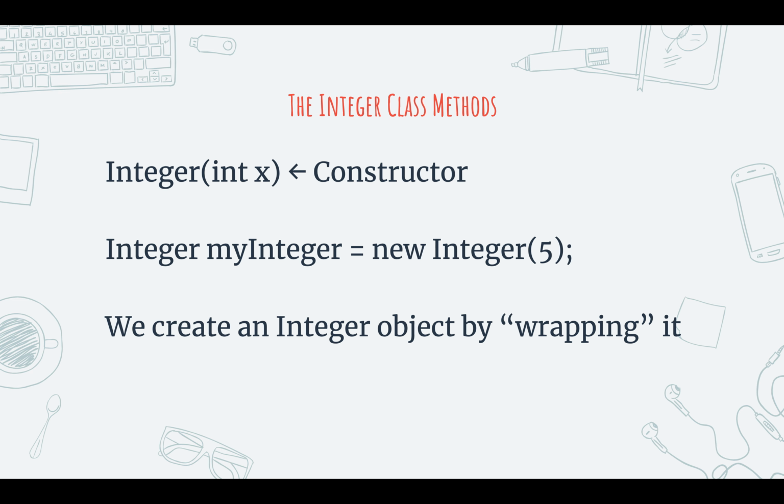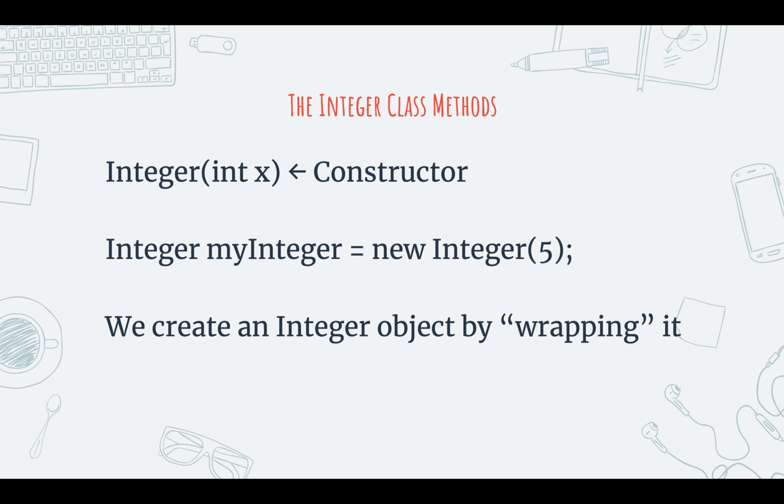So how do we wrap the int primitive type into an Integer object? We do so via the constructor like we do when we're creating most objects. So we have an Integer, myInteger, and we set that equal to new Integer. The new keyword emphasizes that we're accessing the constructor of the Integer class.